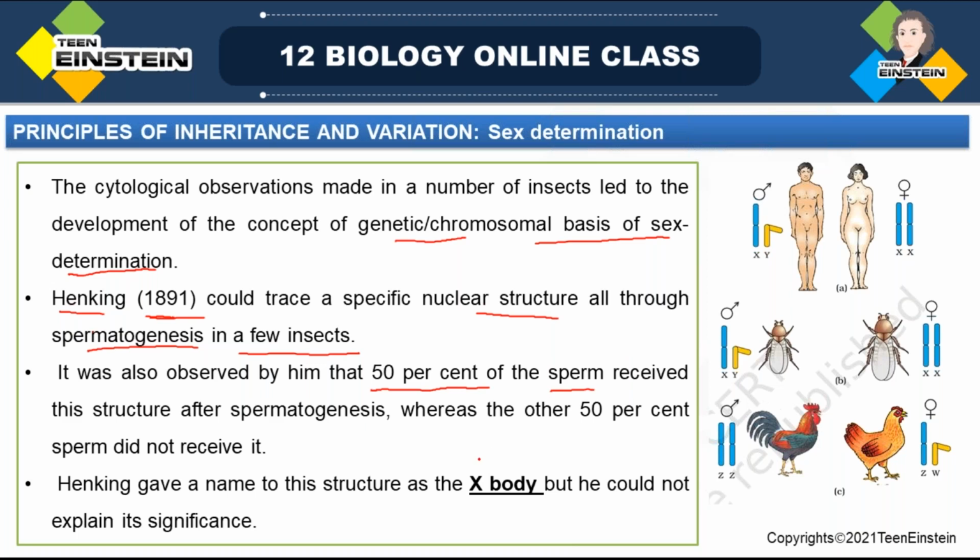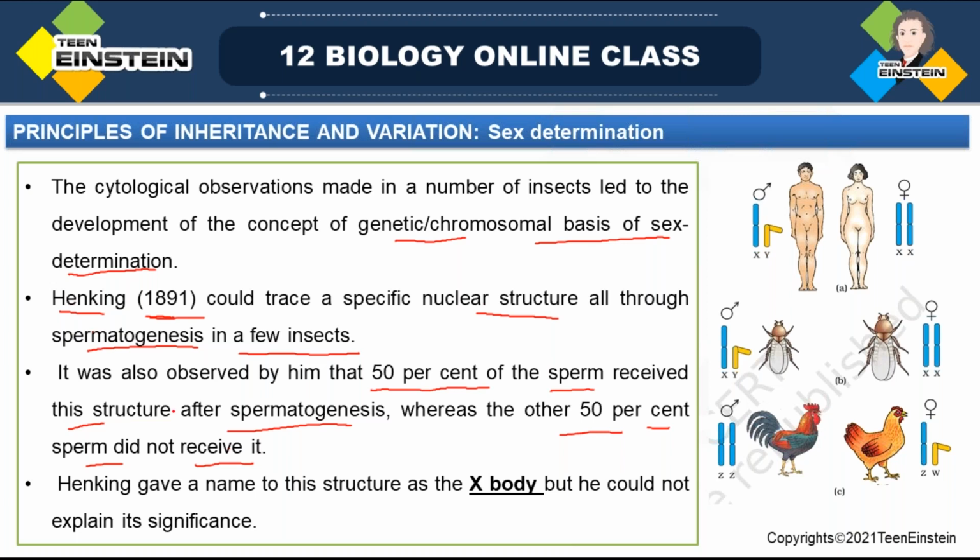Out of the total sperm produced, 50% of the sperm receive this structure after spermatogenesis, and the other 50% did not receive it. 50-50, the chance is 50. 50% receive that specific structure, but 50% of sperm did not receive it.